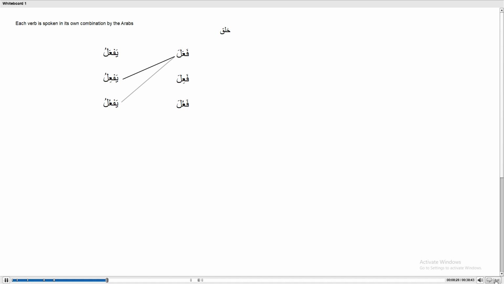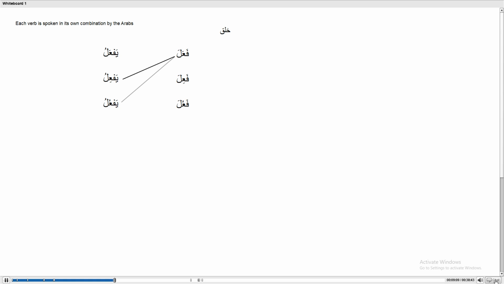You cannot say from raja'a yarja'u, and you cannot say from raja'a yarju'u, because raja'a was spoken by the Arabs while its mudari' is yarji'u, not yarja'u, neither yarju'u. So there are some verbs which belong to this certain combination, and the scholars have called this combination chapter 2. Okay?